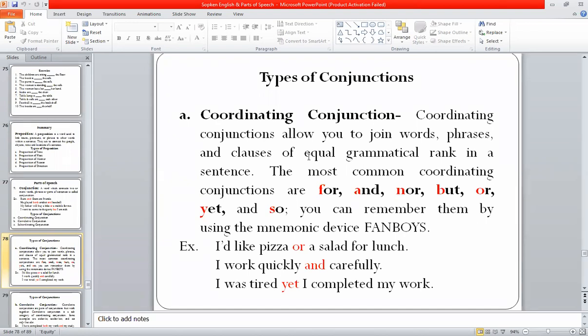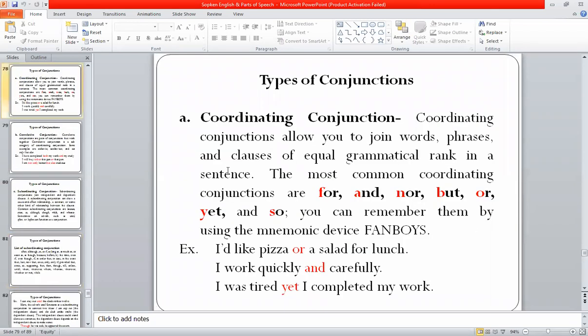The coordinating conjunctions that we use often can be remembered by a short mnemonic called FANBOYS. F stands for for, A stands for and, N stands for nor, B stands for but, O stands for or, Y stands for yet, and S stands for so. These are the coordinating conjunctions that we use in daily life.